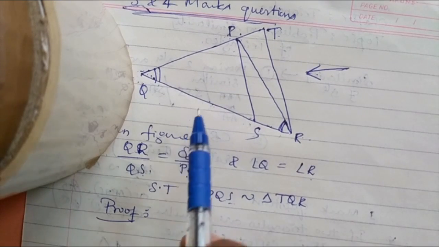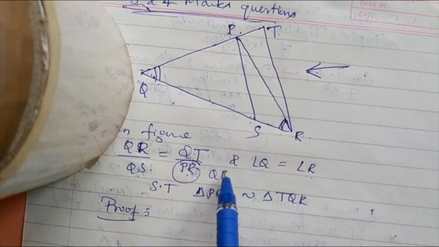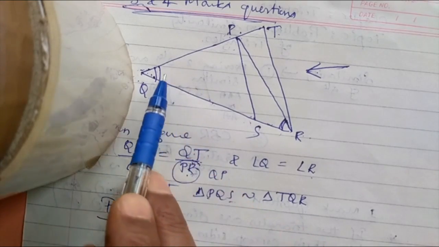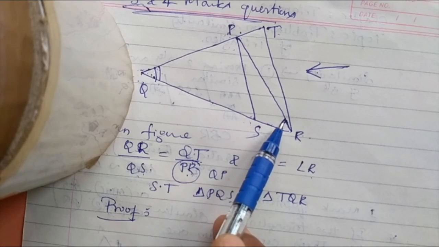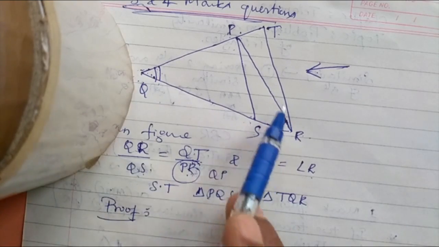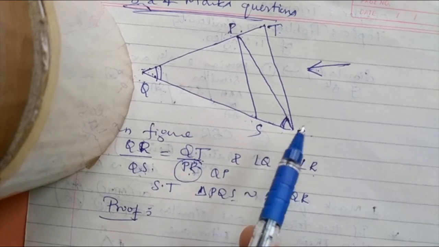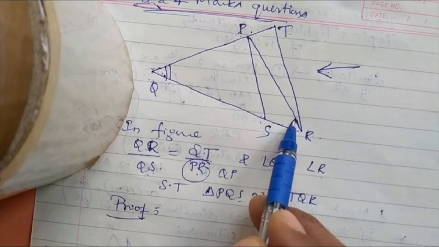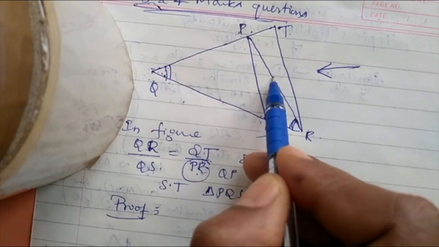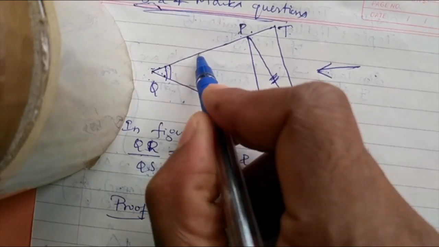But don't worry, how to convert this PR to QP, that is the task. See, these two angles are already given equal, right? When two angles are equal, you know that it is an isosceles triangle. When two angles are equal, then two sides are also equal. Angle Q and angle R are equal. Angle Q's opposite side is PR, and angle R's opposite side is QP.